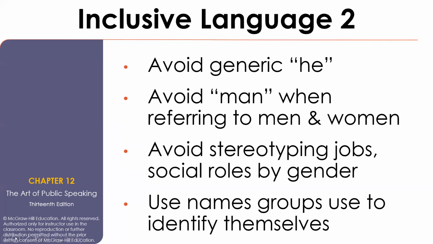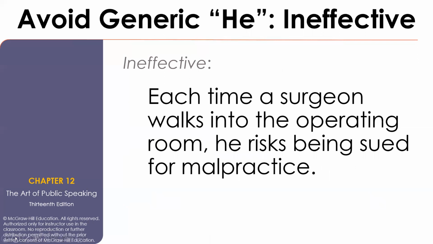Make sure that you use the names that the groups actually use themselves to identify themselves. So if they have already said, this is what we prefer to be referred to, then you should most definitely follow along there. So here are some examples.